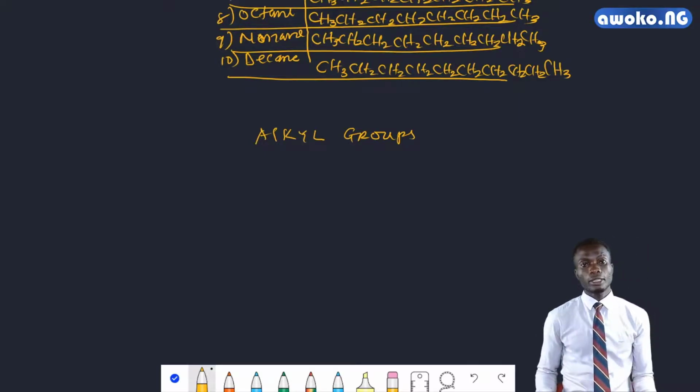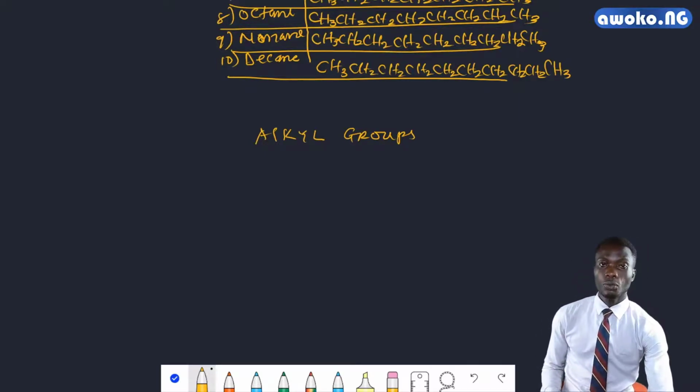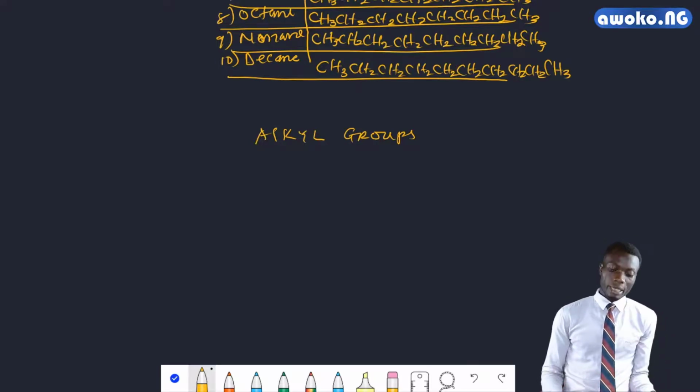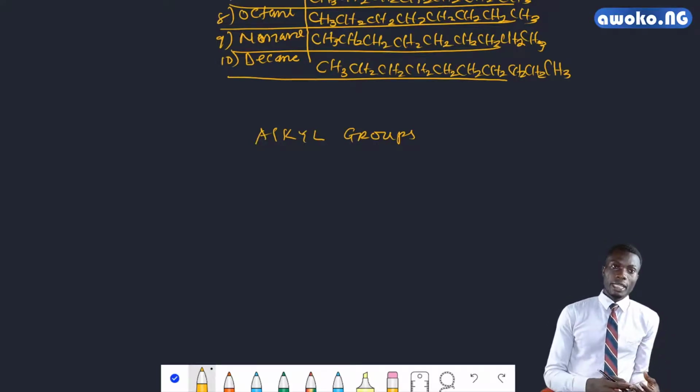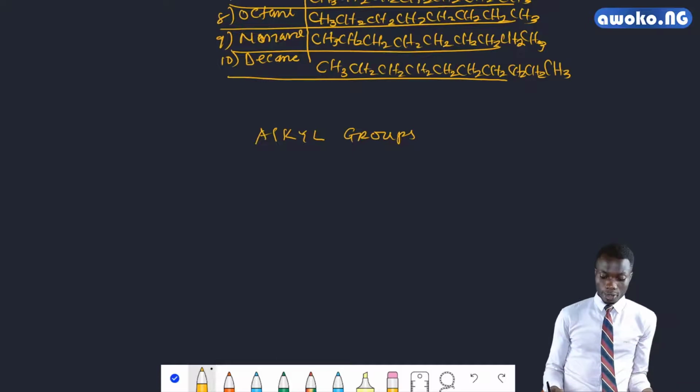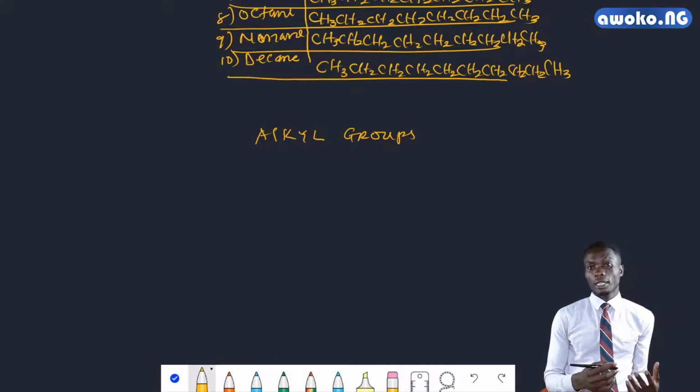It is important for us to know that you get alkyl groups by the loss of one hydrogen. When an alkane loses a hydrogen, it gives rise to an alkyl group. So, for example, methane is CH4. When it loses a hydrogen, what does it give rise to? It gives rise to a methyl.